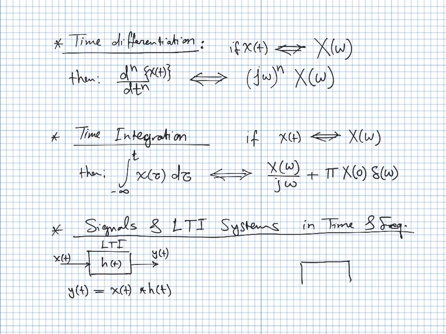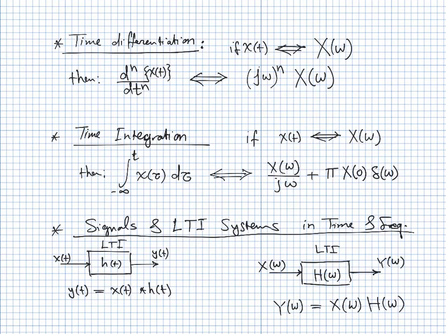So in frequency domain, my linear time invariant system has a transfer function h of omega, the input is the Fourier transform of the input, x of omega, and the output is y of omega, and the relation says that y of omega is equal to x of omega multiplied by h of omega.